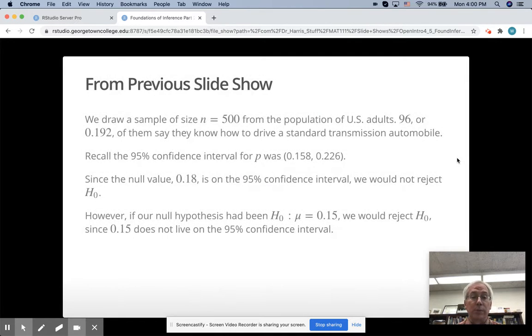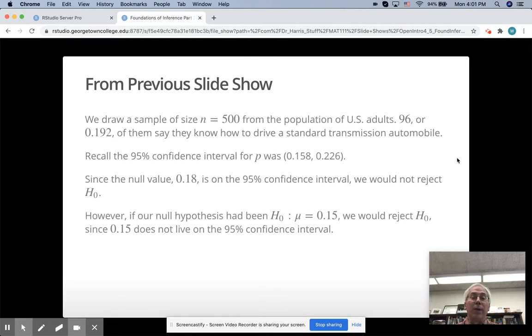So let's look at our previous example. 500 US adults sampled, 96 of them, 19.2%, say they know how to drive a standard transmission car. If you go back and look at the previous slideshow, we found that the confidence interval for the proportion of US adults nationwide that could drive a standard transmission was somewhere between 0.158 and 0.226.